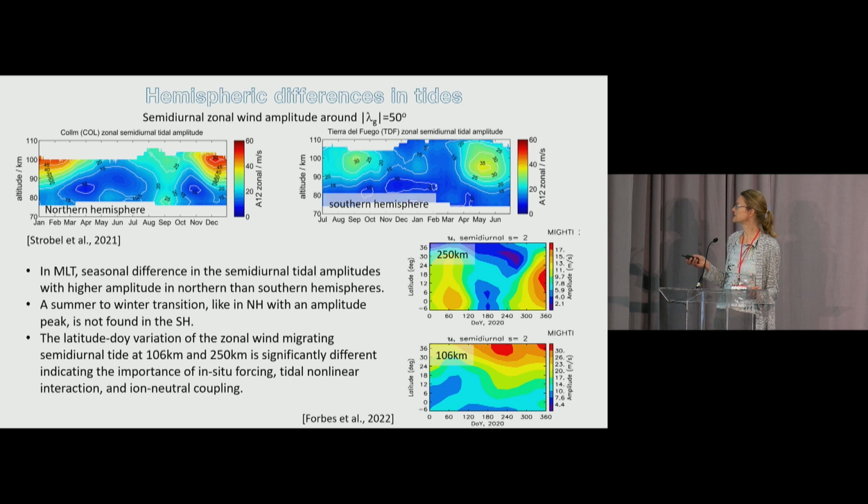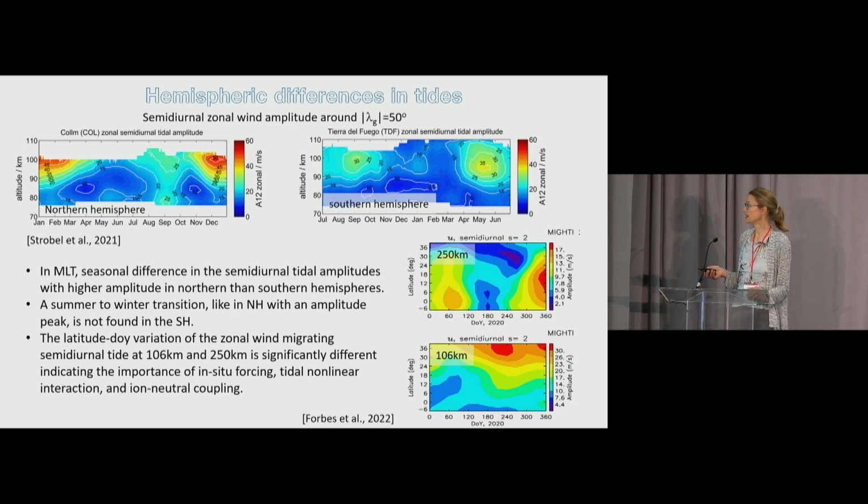And shown is the amplitude here in the zonal wind. You can see the amplitude is much larger here in the north than in the south. In addition, the transition from summer to local winter here has this feature of a secondary peak, which is totally missing in the southern hemisphere.